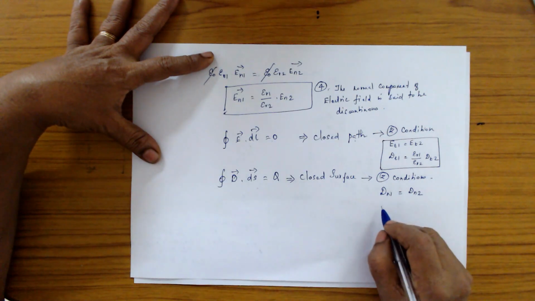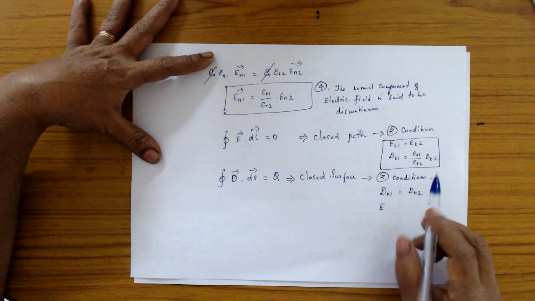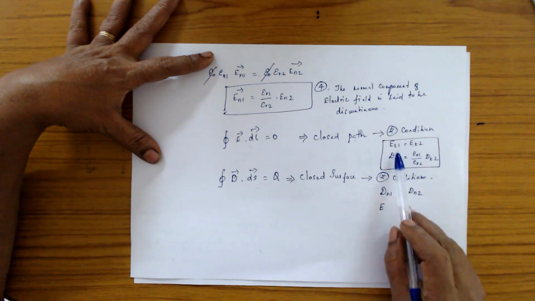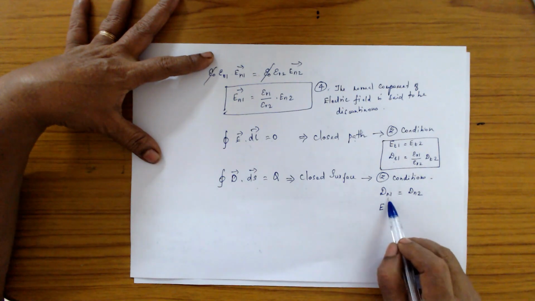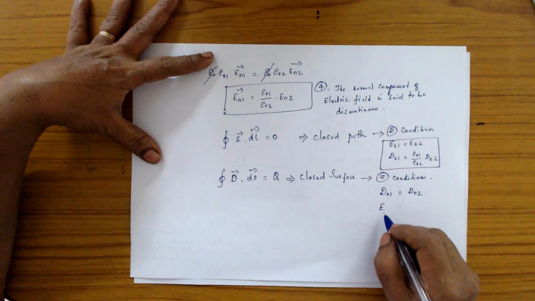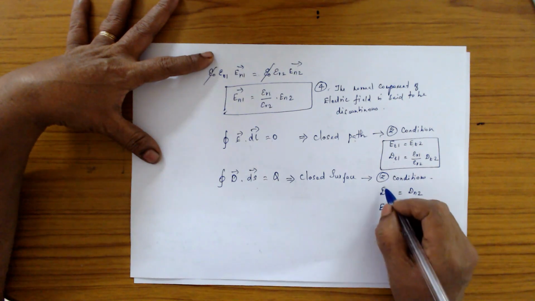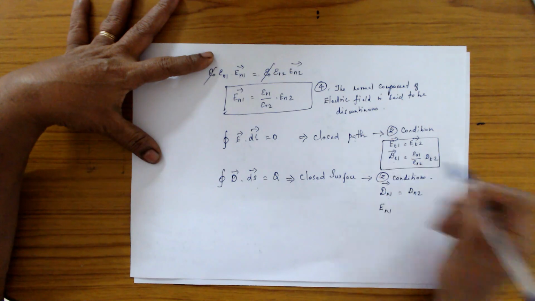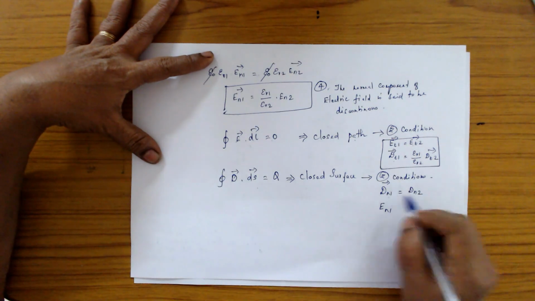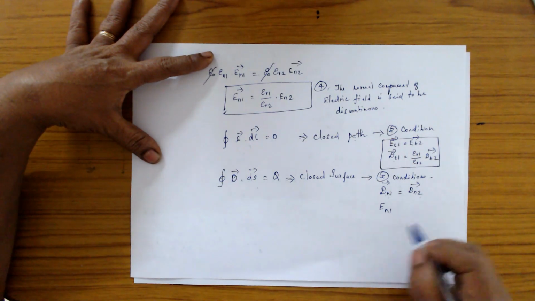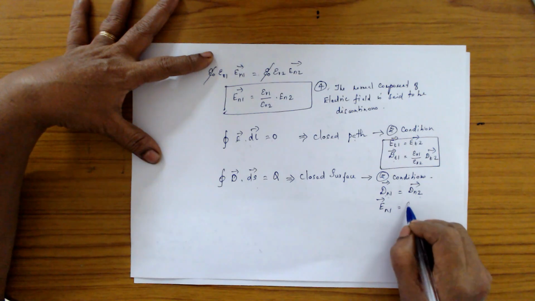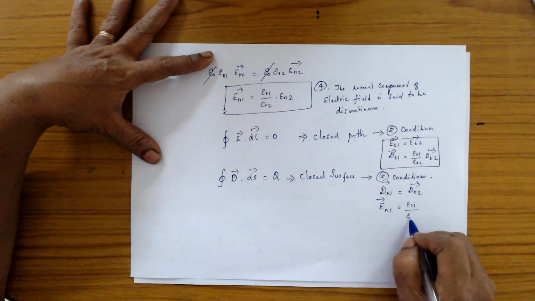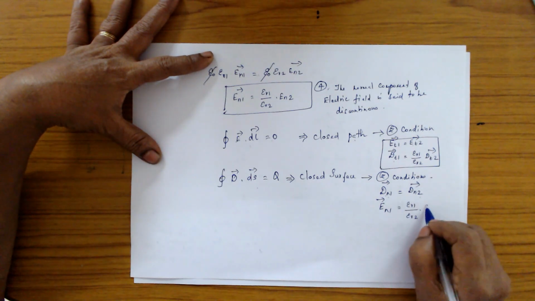From this we find out En1. When you are talking about E tangential and D tangential, similarly D normal, what about E normal? All these are vectors: Et1, Et2, Dt2, Dt1. Similarly, Dn1 is equal to Dn2, and the En1 vector is equal to epsilon r2 by epsilon r1 into En2 vector.